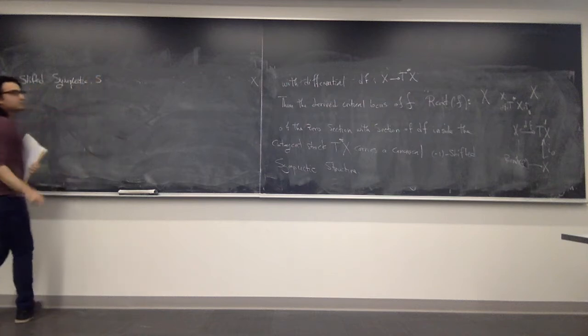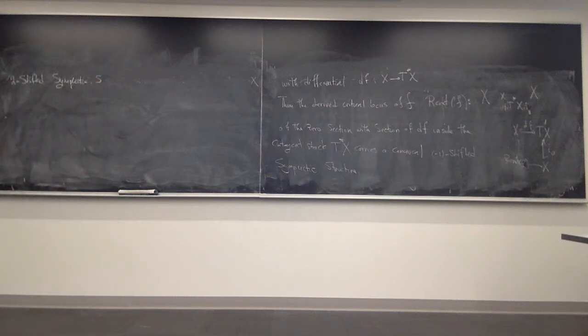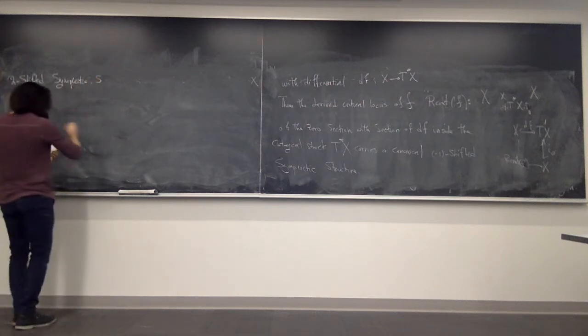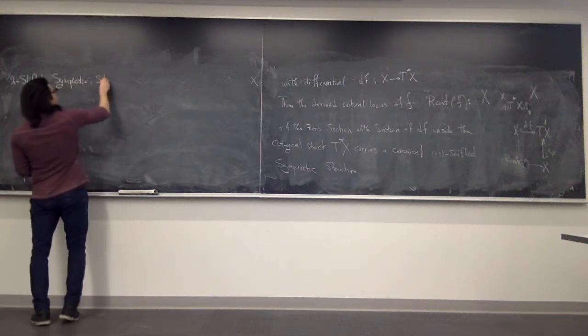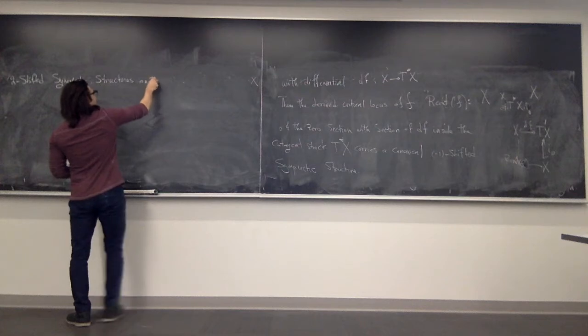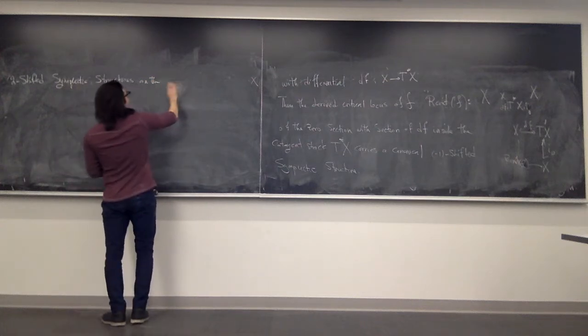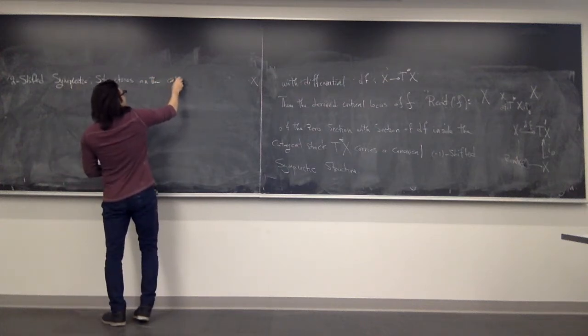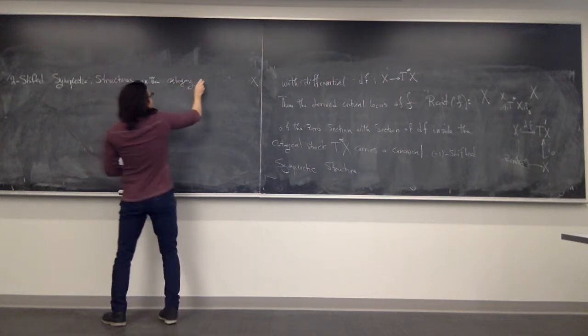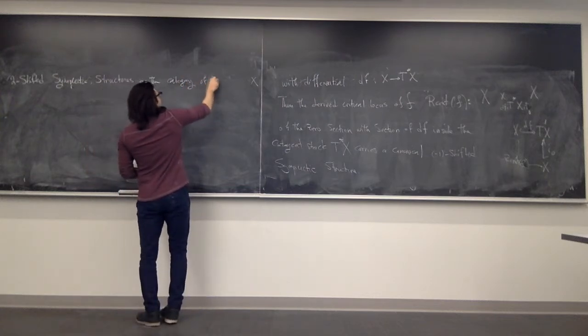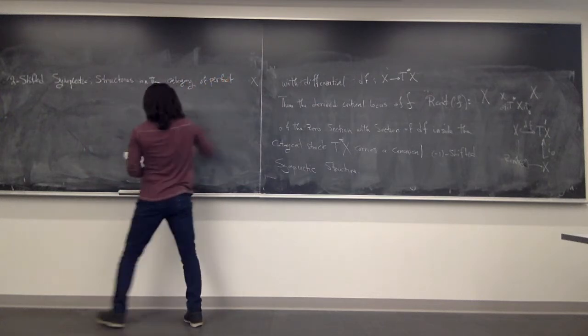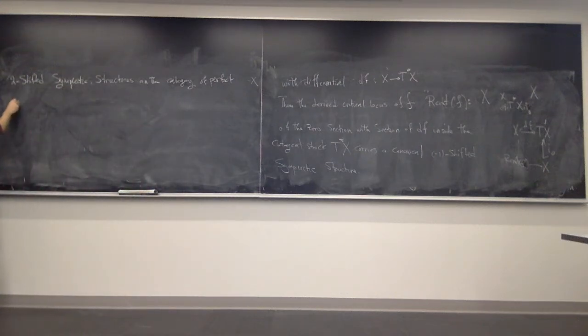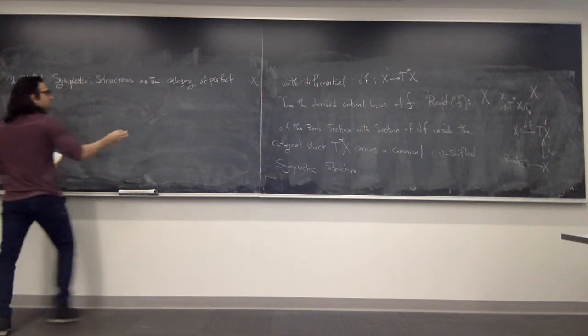We will come back to Lagrangian intersections, but now let's talk about two-shifted symplectic structures on the moduli space of perfect complexes. Moduli is better.